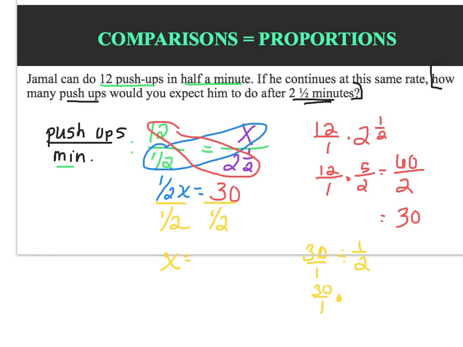Keep, change, flip. Multiply across, and I get 60 over 1, which is just 60. And if I'm looking back, what was that 60? What does it represent? It's 60 push-ups. So Jamal can do 60 push-ups in a matter of 2.5 minutes.